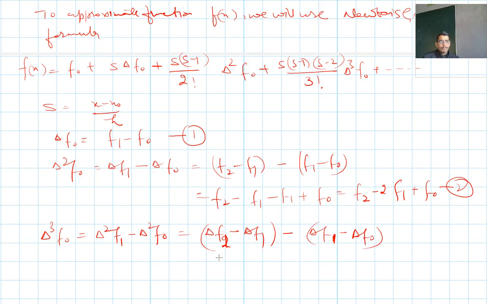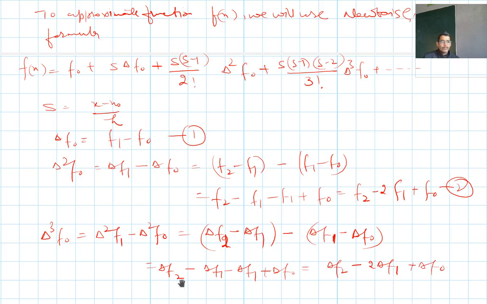So it is delta f2 minus delta f1 minus delta f1 plus delta f naught. So it can be written as delta f2 minus 2 delta f1 plus delta f naught.